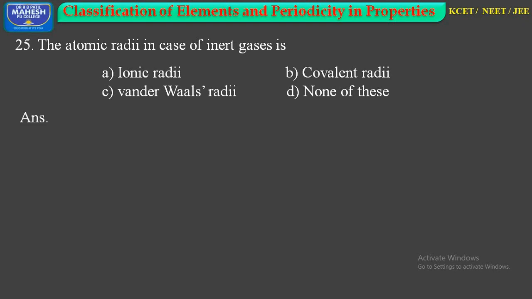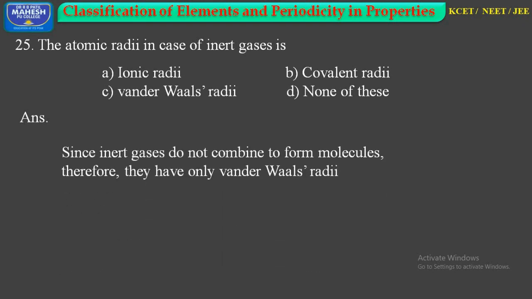Students, in case of atomic radii of inert gases, noble gases do not combine to form molecules because they have completely filled valence shell. Therefore, they have only the van der Waals radii. With this, the right answer is option C, van der Waals radii.